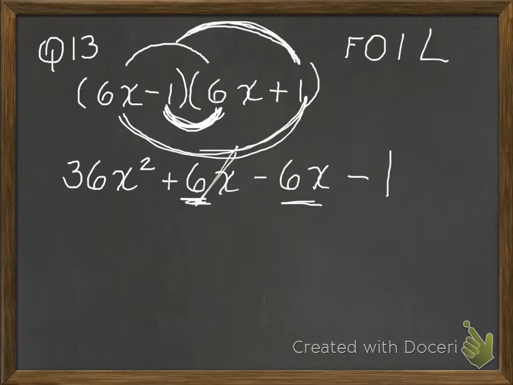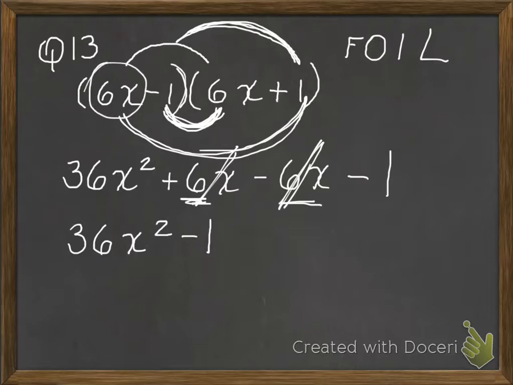So these middle terms cancel out, and we're left with 36x squared minus 1. Really, all we had to do for this special product was to square the first term here and this one here. 6x squared is 36x squared minus 1 squared, or just 1 squared is 1. But we put a minus sign always here because these two here have opposite signs.